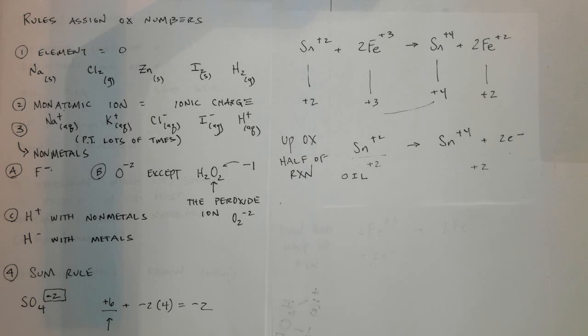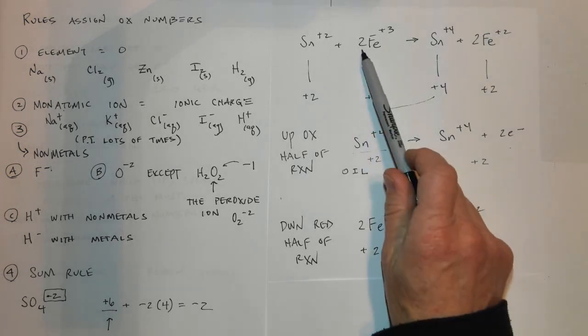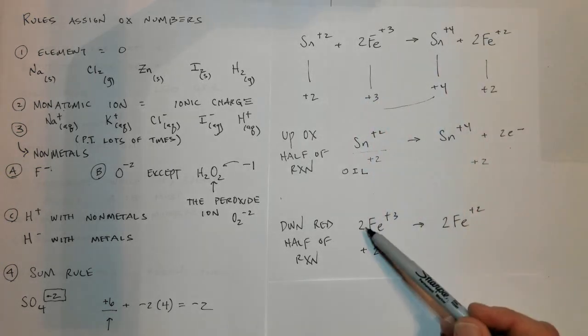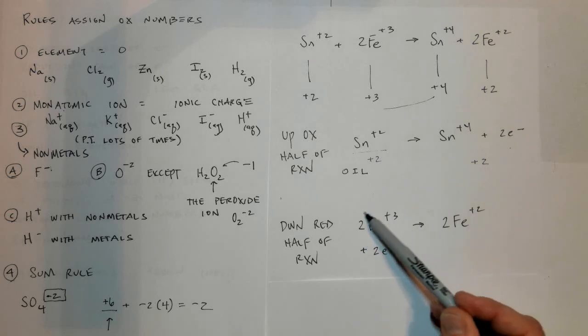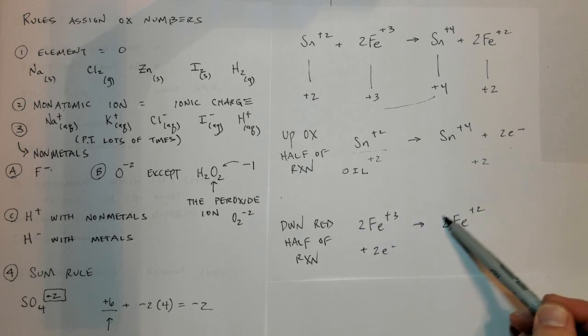Now we can write the downward part of the reaction right here. The downward half reaction is that iron goes from iron positive 3 to iron positive 2. And now you notice that the coefficients come into play. And you can see that there are a total of positive 6 on this side of the reaction, 2 times positive 3, and a total of positive 4 on this side of the reaction.